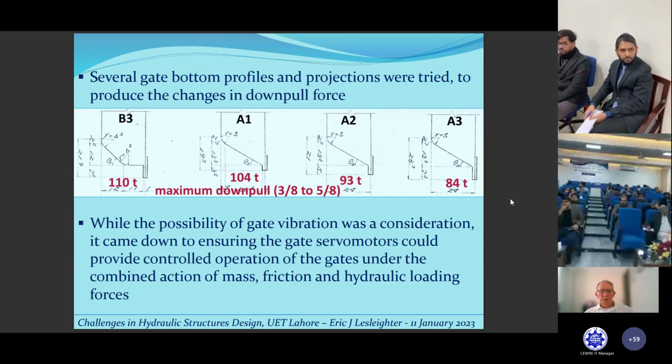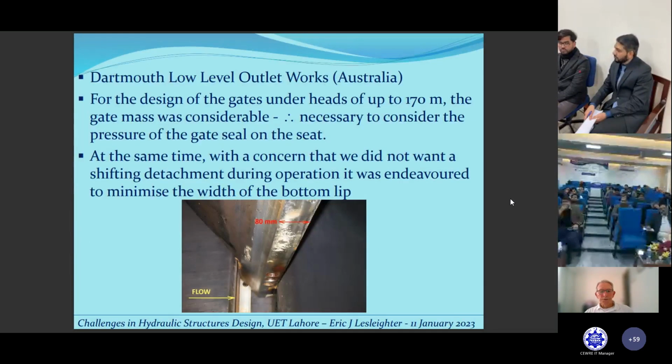There's a concern that a shifting detachment of the flow separation under a gate like this could cause flow-induced vibration. But the major issue in this project was cavitation. In this case, we have 2 conduits discharging into a 10.75 metre diameter expansion chamber.